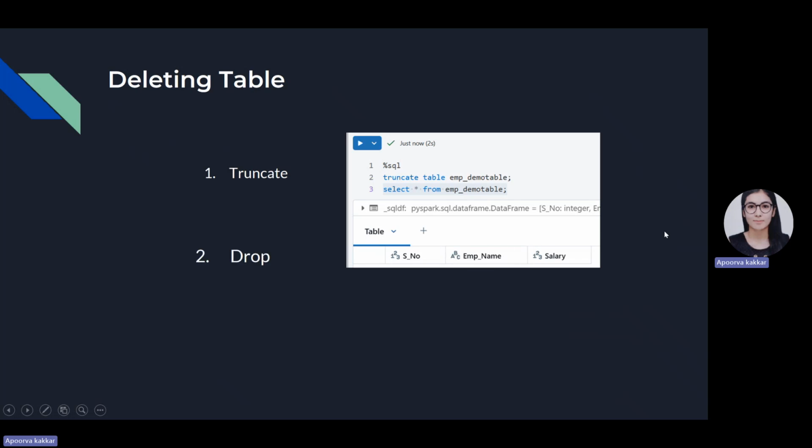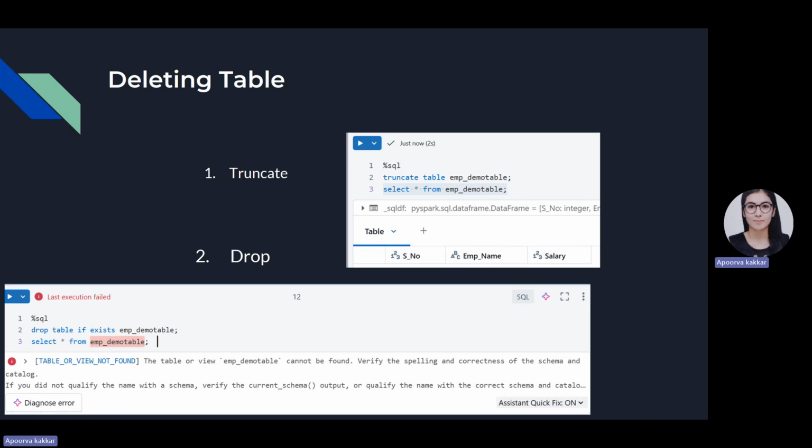But if we drop our table, then we will write DROP TABLE, IF EXISTS is optional, the name of the table, that is employee demo table. And then if we try to view our table by writing SELECT * FROM employee demo table, we will get an error, table or view not found, because it has deleted the data as well as the structure of the table.